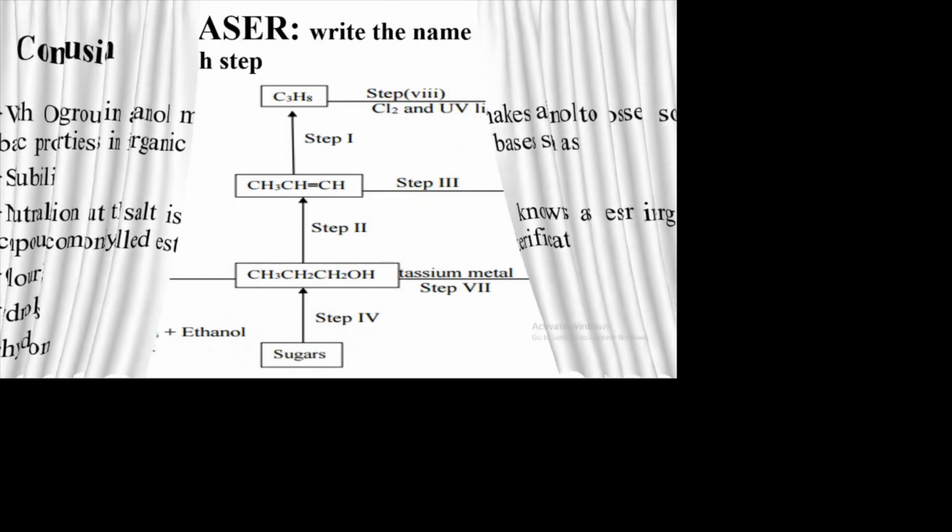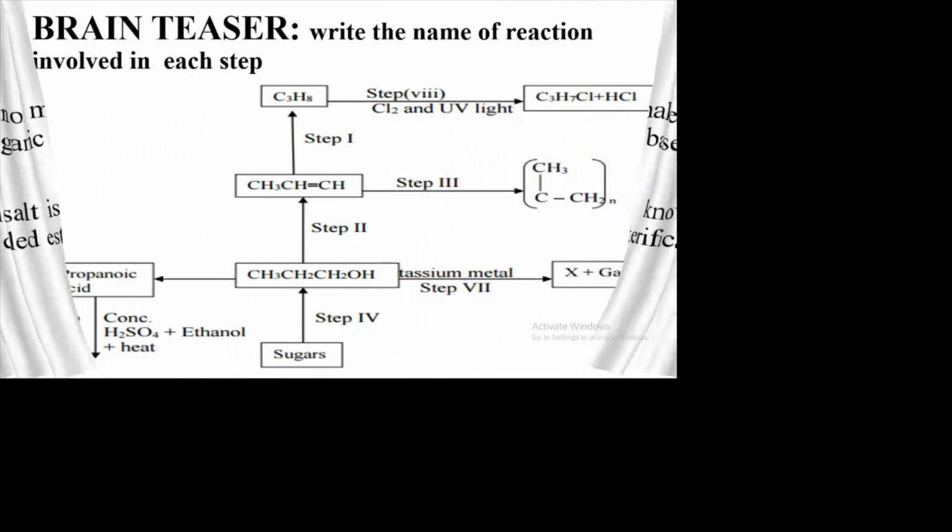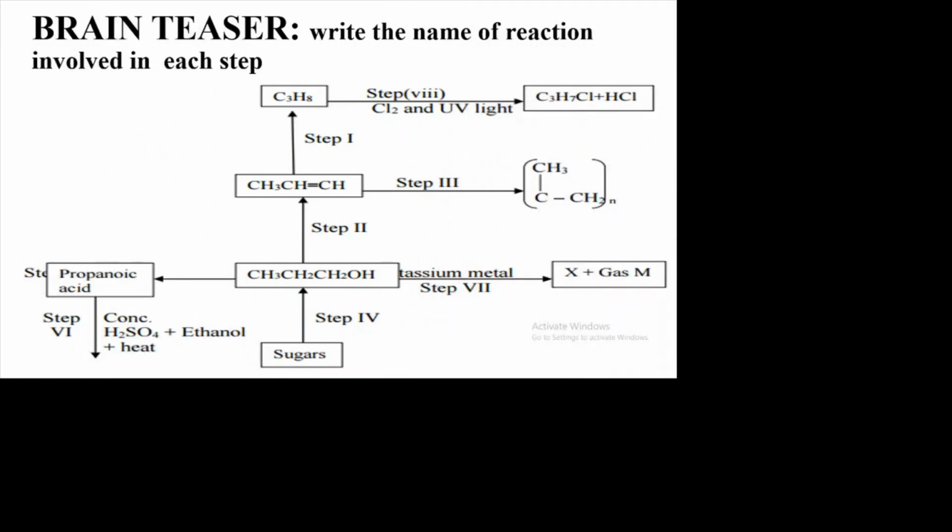Now, looking at this brain T cell, these are structures, and you are asked to write the name of the reaction involved in each step. We have step 1. This is propane, which gives rise to another compound.